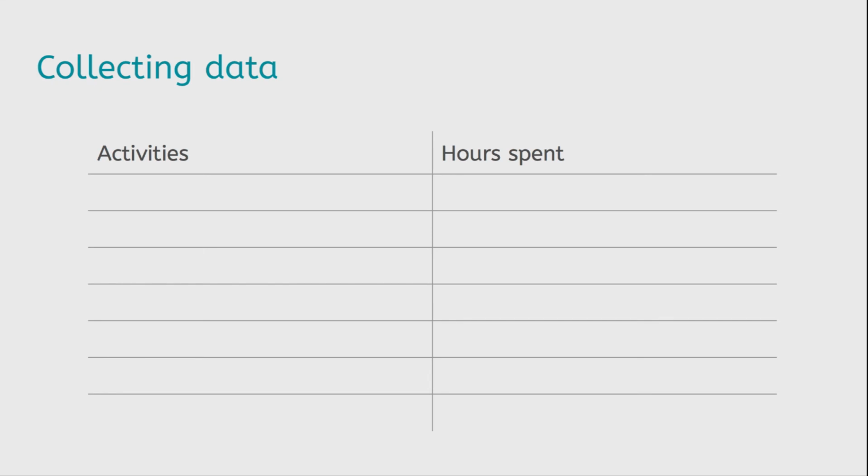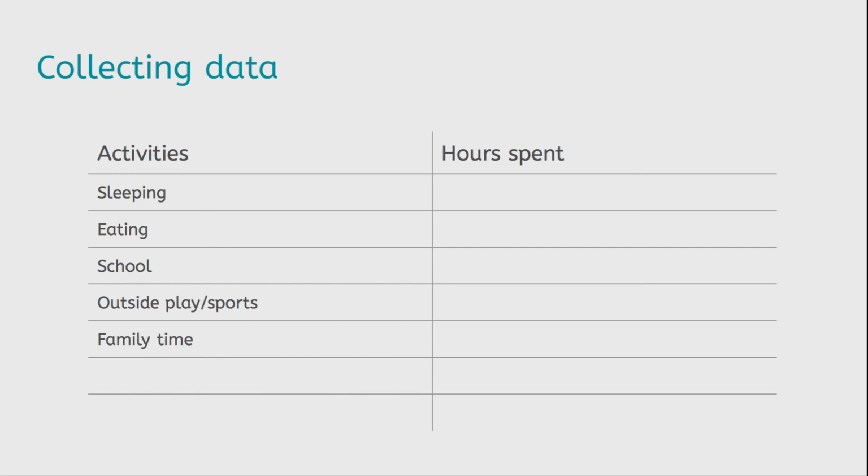Let's decide on some activities that we do every day, and we'll keep track of how long we do them in one day. So how about something like, how much do we sleep per night? How much time do we spend eating? How much time do we spend studying and learning and doing school things? How much time do we spend playing outside or going to sports practices?